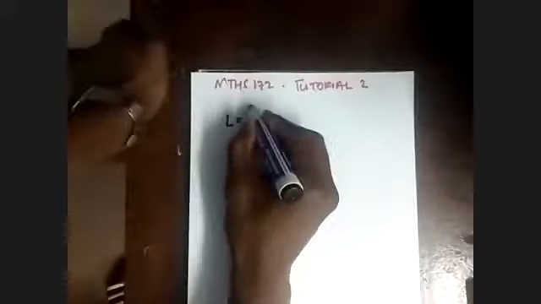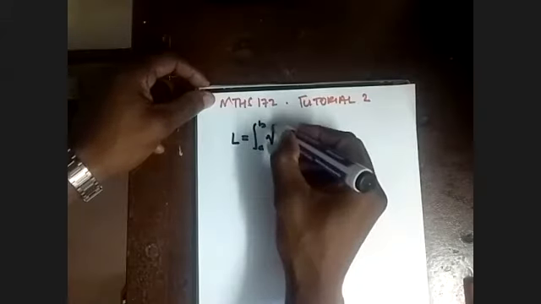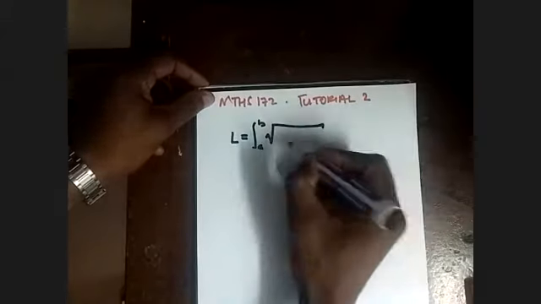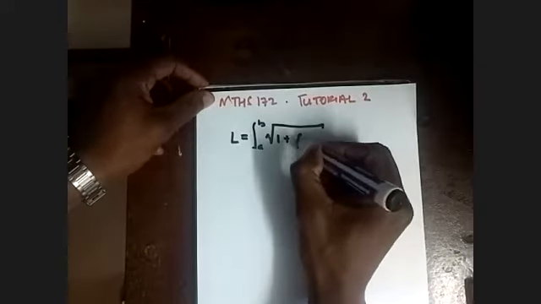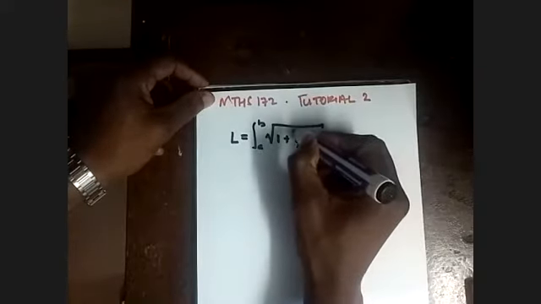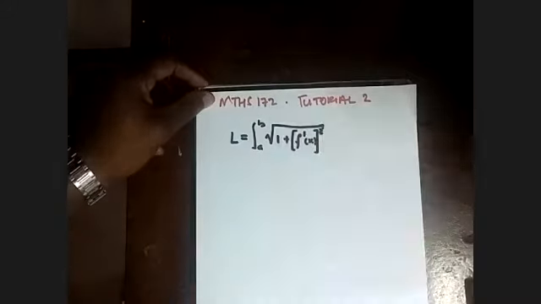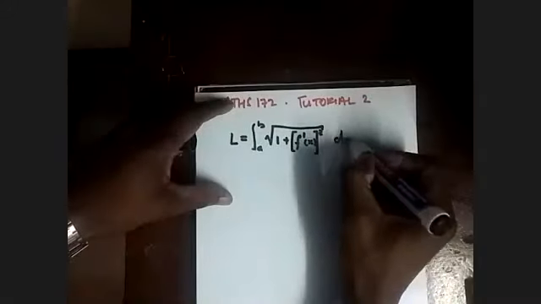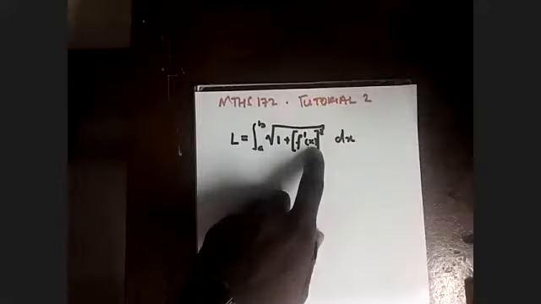The arc length is given by L equals the integral from a to b of the square root of 1 plus f prime at x, and this should be squared, dx. So only the f prime part is squared.